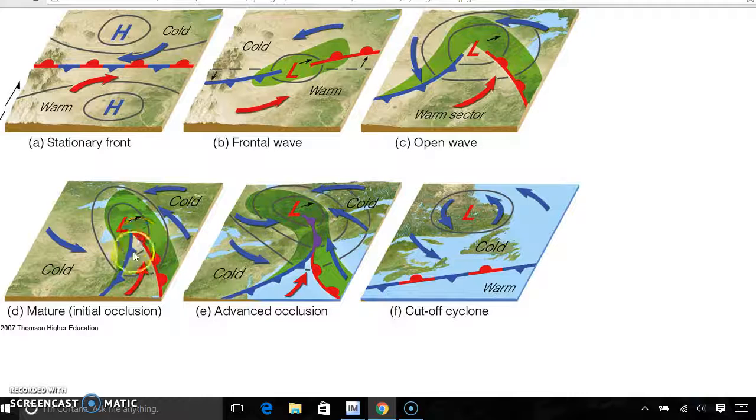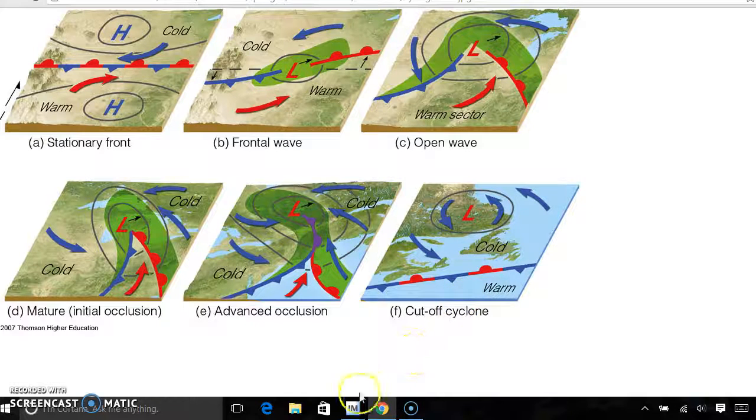And when the cold and the warm air meet, the warm air gets forced upward, and now we have the occluded front, which you can see here, shaded in purple. Eventually the whole thing is going to become occluded, and then it breaks down, usually over the ocean.